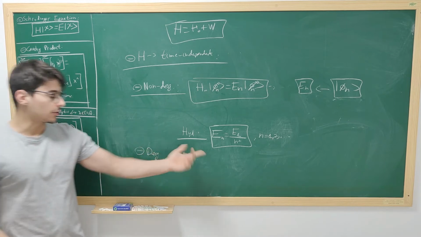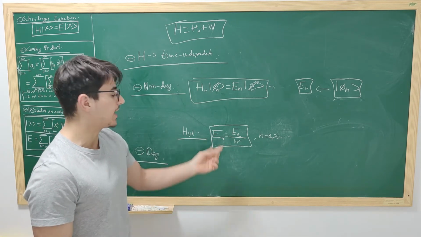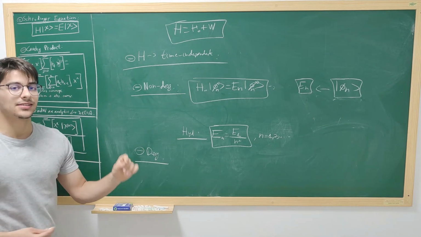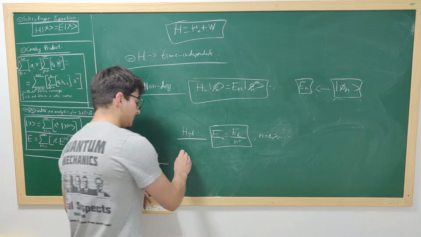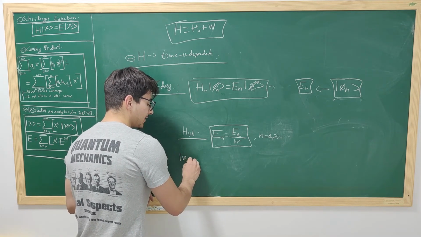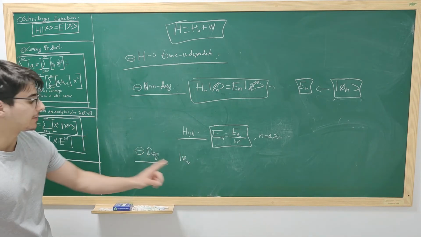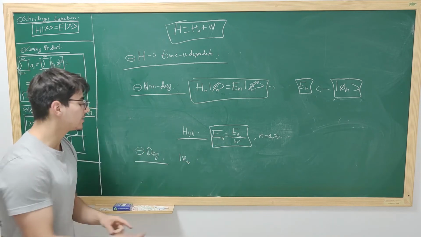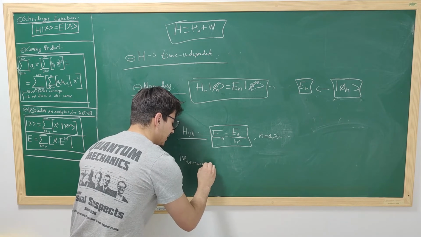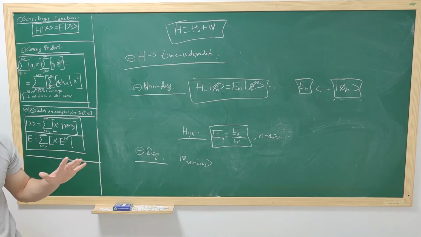So in this case, of course, for each different value of n, the energy is different, but the eigenstates are not different. Our eigenstates don't only depend on n, they also depend on L, ML, S, and MS. They depend on 5 quantum numbers.